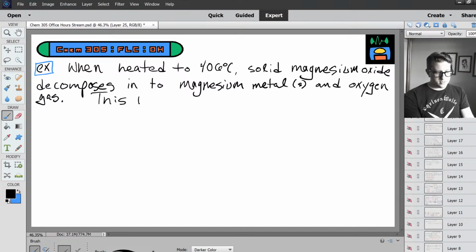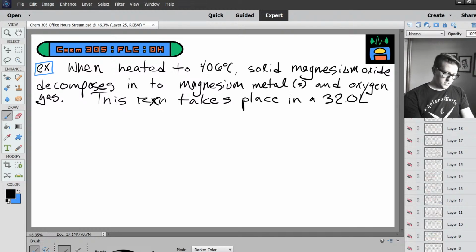This reaction takes place in a 32.0 liter reaction chamber.